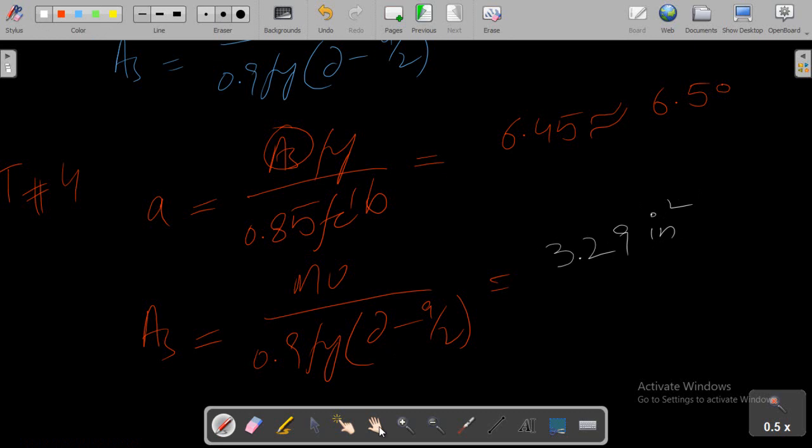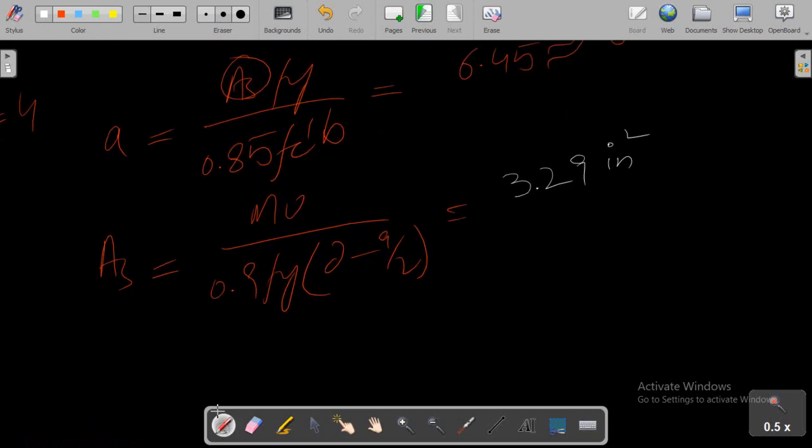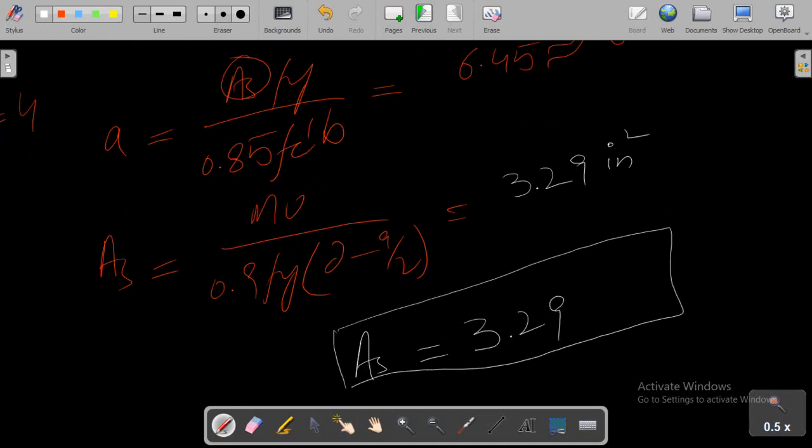Now this is the required area of steel, right? This is the exact value, because the trial and error method gave us the exact value.